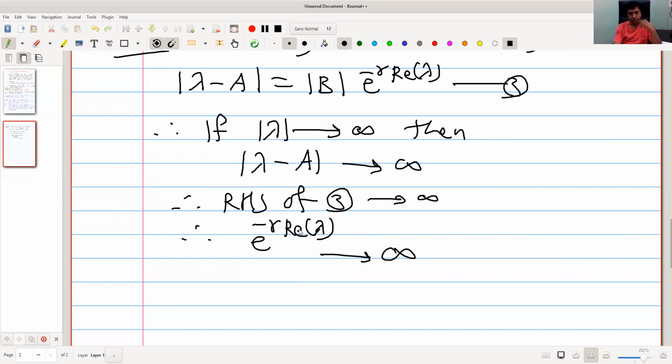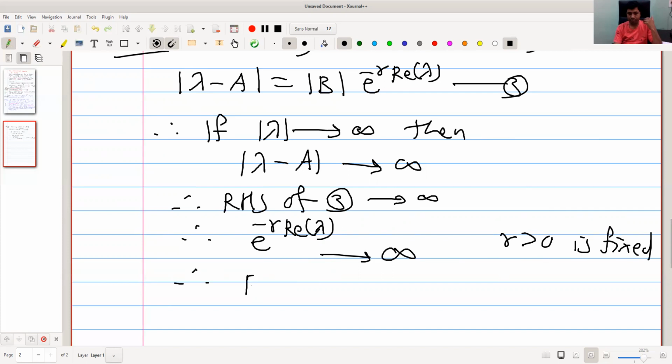Again here r is a fixed number, fixed and positive. It is the delay term, so it is always fixed and positive. So the only option is that the real part of lambda should tend to minus infinity, so that e raised to minus r into real part of lambda will tend to infinity.